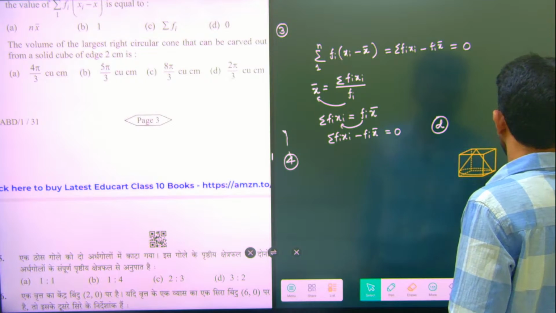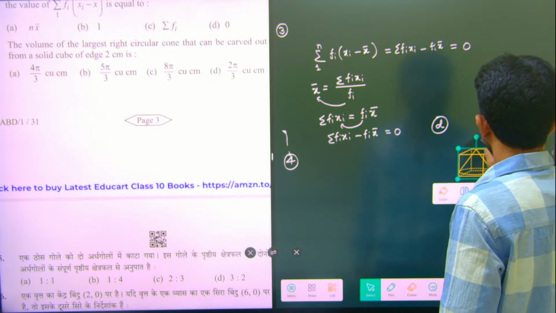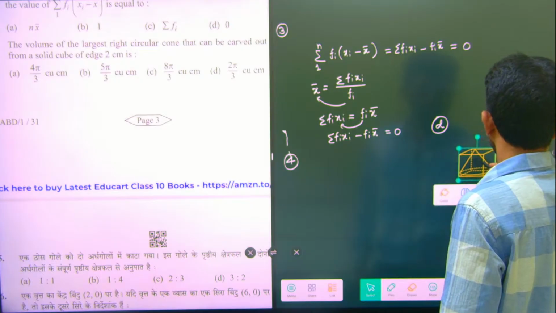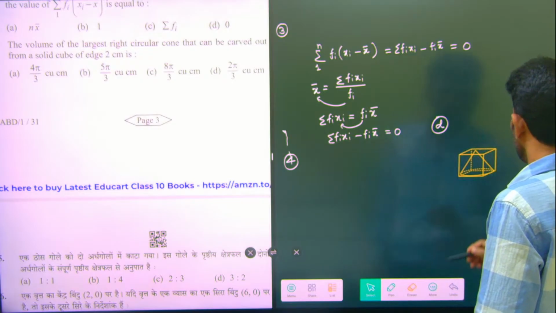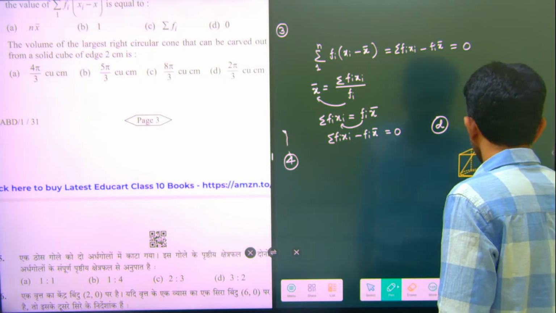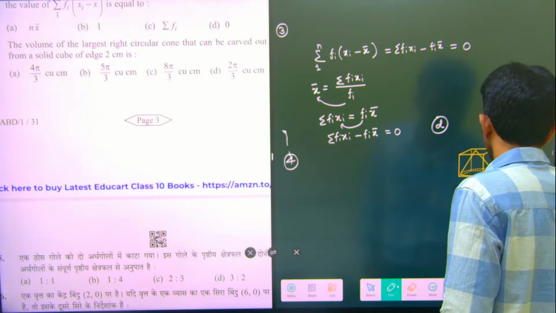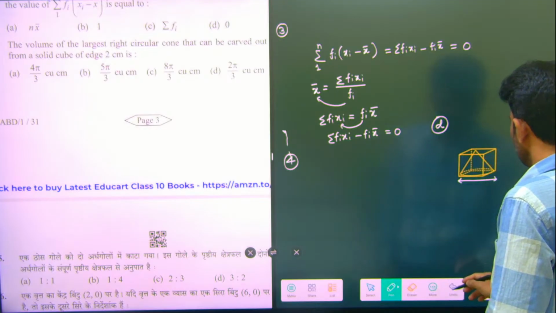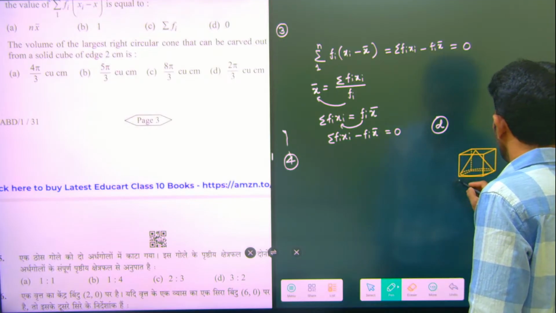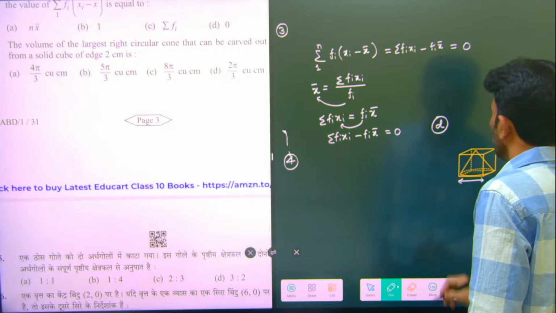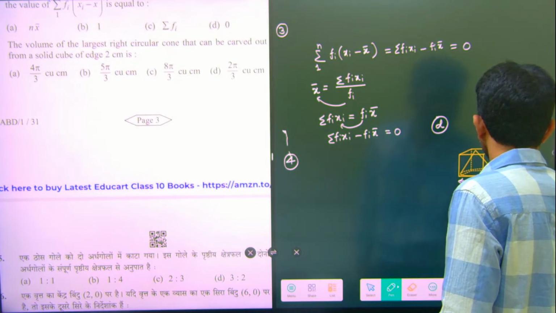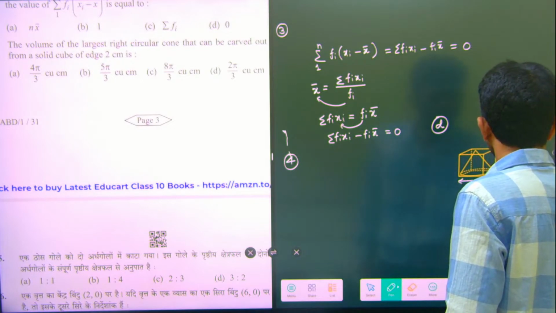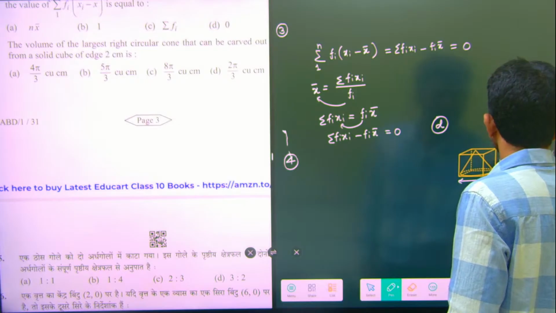So by this we understand the diameter of the cone will be equal to the side of the cube. Here this side and the diameter will be the same. What is given? The side of the cube is given as 2 centimeters, and the height of the cone is also 2 centimeters.